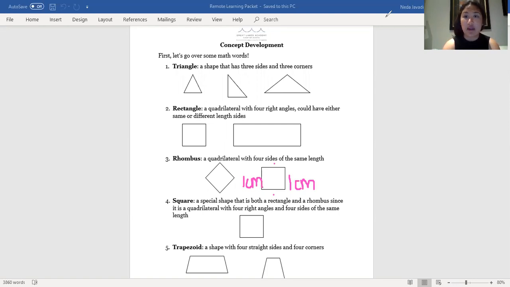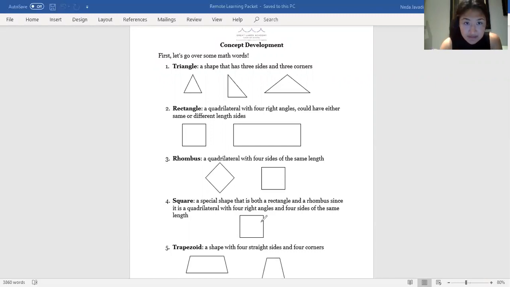A square, number 4. A square is a special shape that is both a rectangle and a rhombus. So a square can either be a rectangle or a rhombus, or you can call it a square since it's a shape with 4 right angles and 4 sides of the same length.